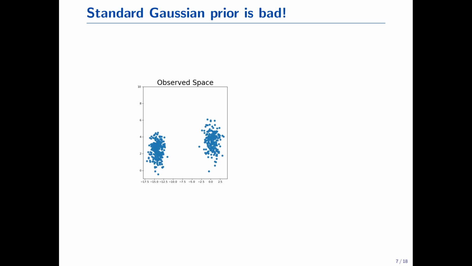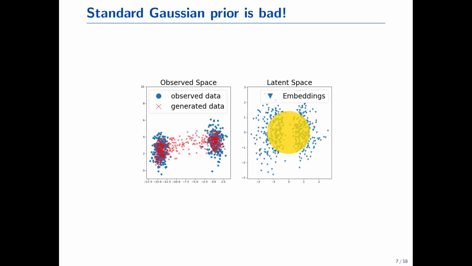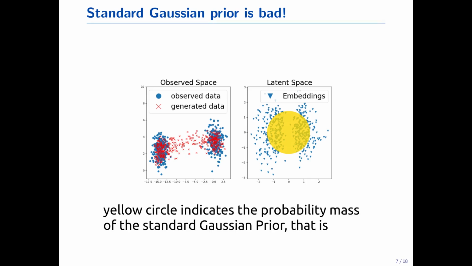If we fit a variational autoencoder, this is what we get in the latent space. The output of the encoder, that is the embeddings, are shown with the triangles here, and the PDF of the Gaussian distribution is shown by the yellow circle.